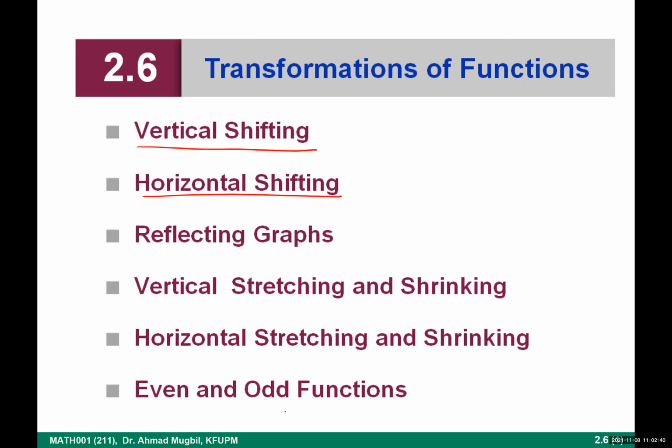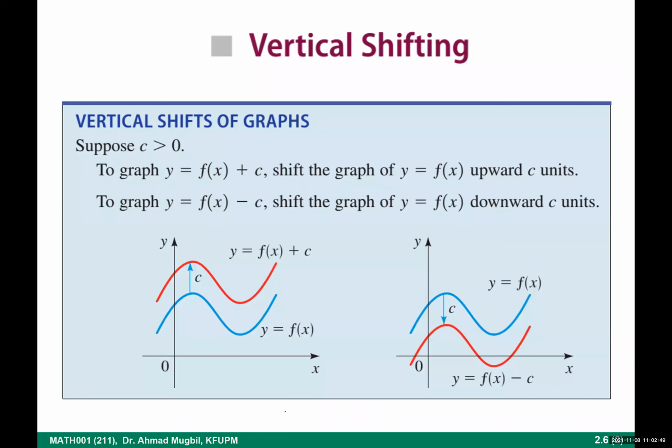As it is clear from the name, vertical shifting means that you will move up or down. So the graph will be shifted up or down. Here, for simplicity, we will assume that c is greater than 0. So this means when we add a positive number, or when we subtract a positive number.